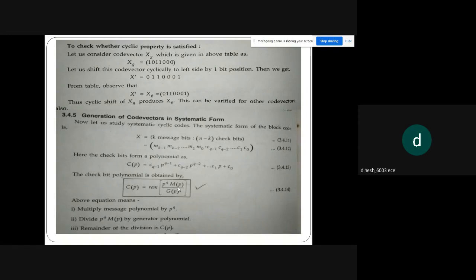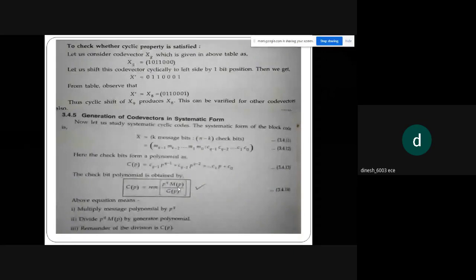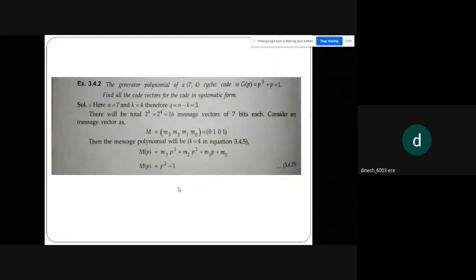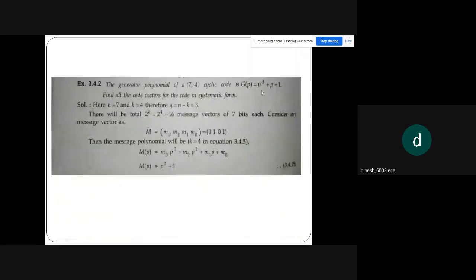So we need to see where is g of p and where is p power q. Next, after determining m of p, we need to find g of p. So g of p is already given in the question: p cube plus p plus 1.